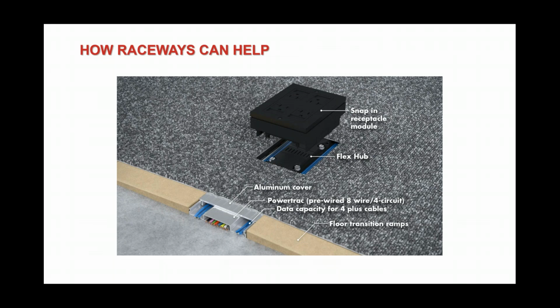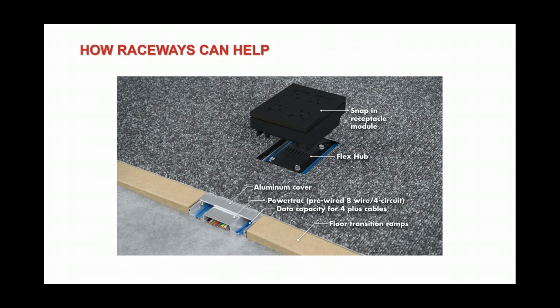It has enough room for some data cables, and this system being pictured actually has others that allow it to have as many data cables as you need. And then it has these moisture resistant transition ramps that go off like this 3 feet, so you don't notice that it's sitting on top of your slab.